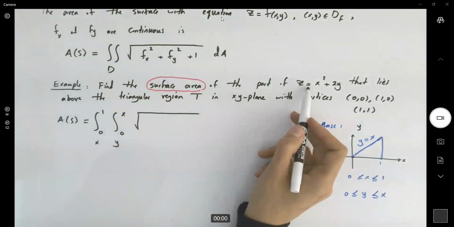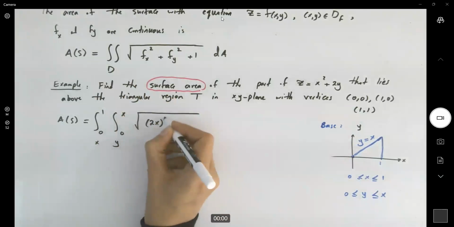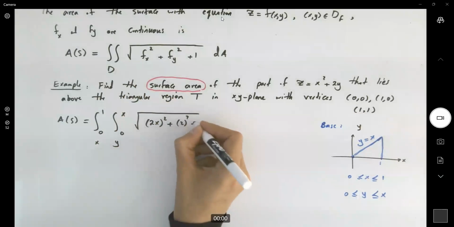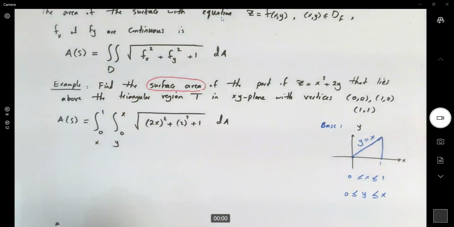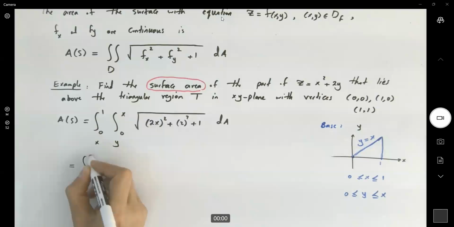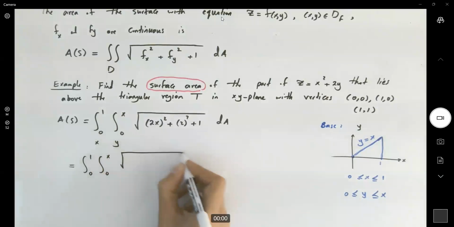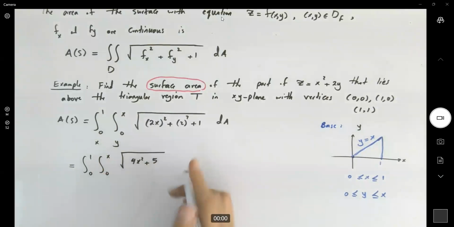The partial derivative with respect to x is 2x, squared, plus the partial derivative with respect to y is 2, squared, plus 1, dA. Very good. So this becomes the integral from 0 to 1, 0 to x, of the square root of 4x squared plus 5 dA.